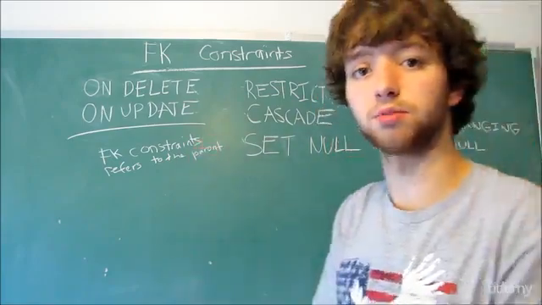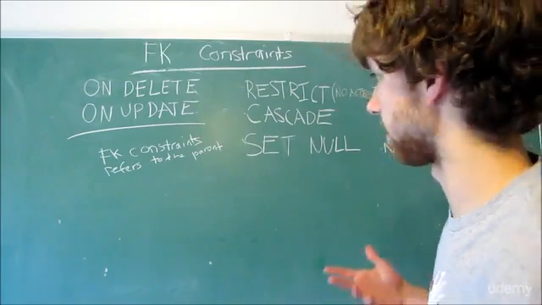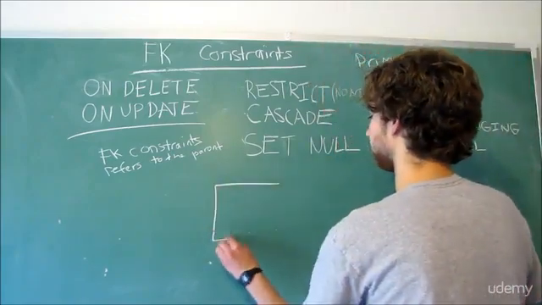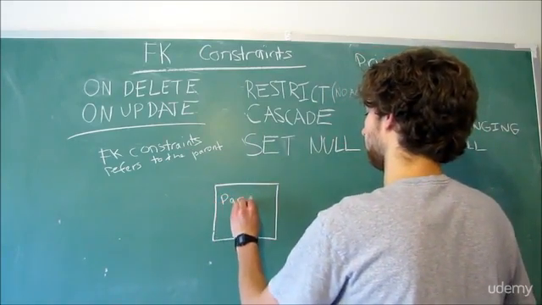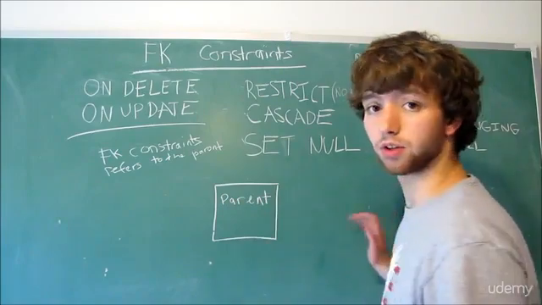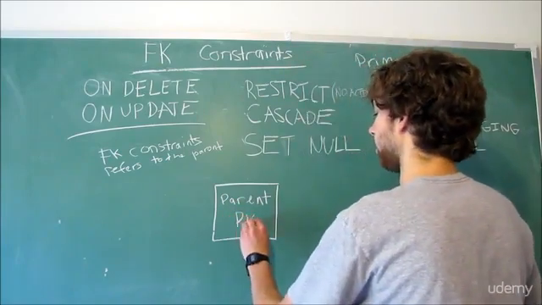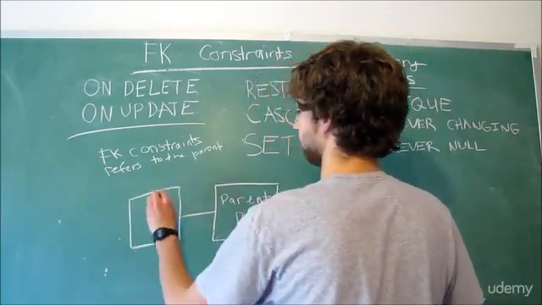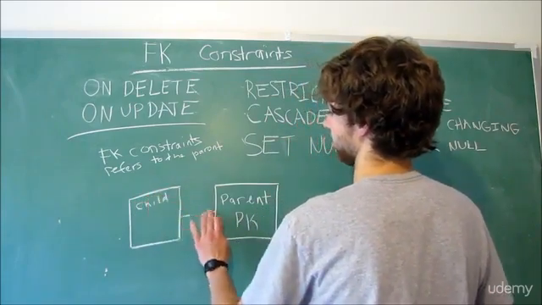Alright, so let's just draw some basic tables. I'm not going to give any specific examples yet. I'll just draw things out. So let's say we have a parent here. And as you learned in previous videos, the parent has the primary key, right? And then let's reference this primary key with a child. Okay, let's not draw this line yet.